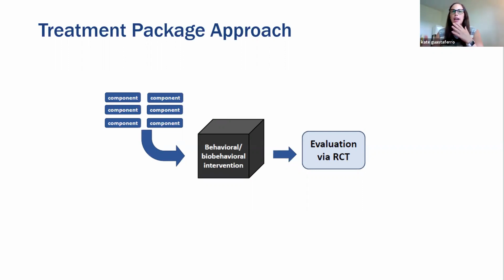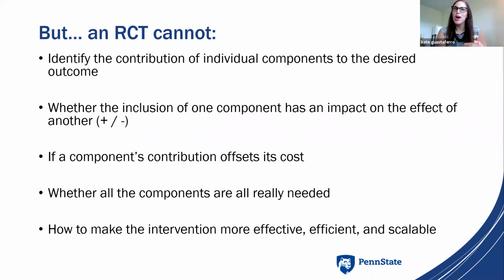You package them together, put them into this black box, create this intervention, and then you test it with an RCT. Many interventions have been developed this way, and while we're not anti-RCT, we want to acknowledge that an RCT cannot identify the contribution of individual components to the desired outcome.